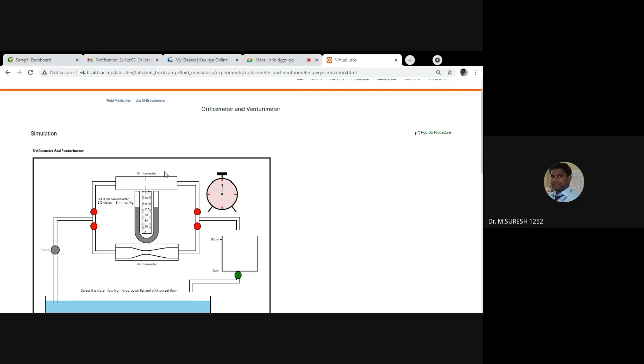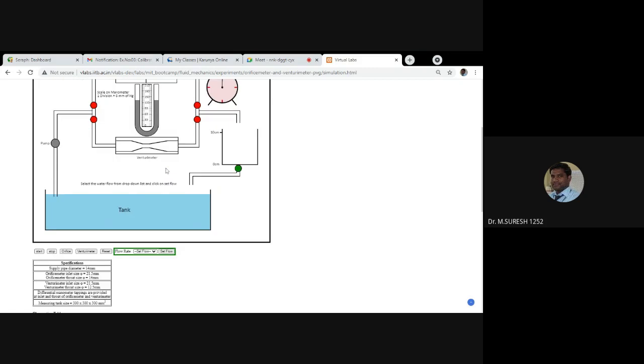For the simulation part, the first step is clearly given here. When you are going to take the Orifice meter or Venturi meter reading, you have to follow that procedure.